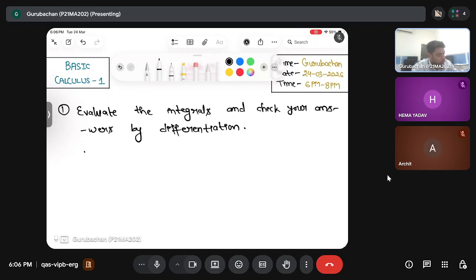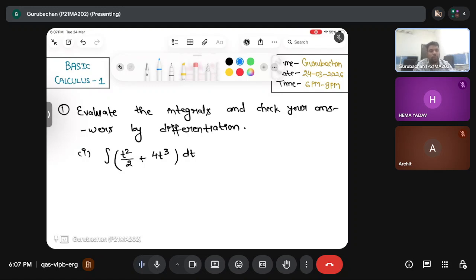So the first one is the integral of t square divided by 2 plus 4t cube dt. We have to evaluate this integral, and whatever our answer is, we have to differentiate it to verify whether our answer is correct or not.